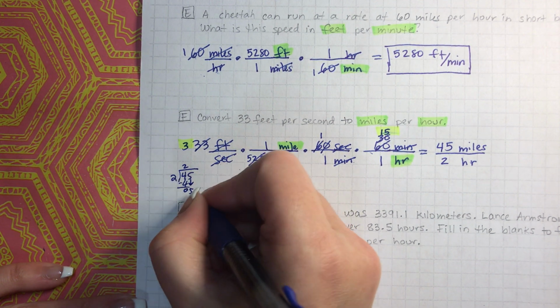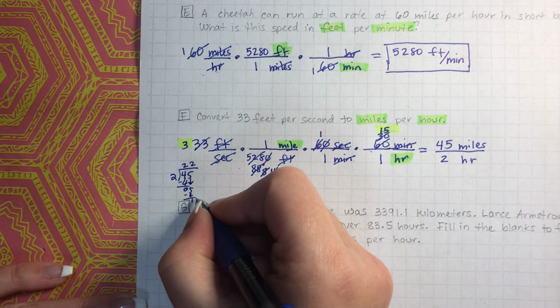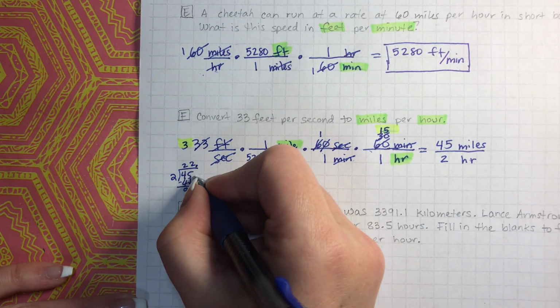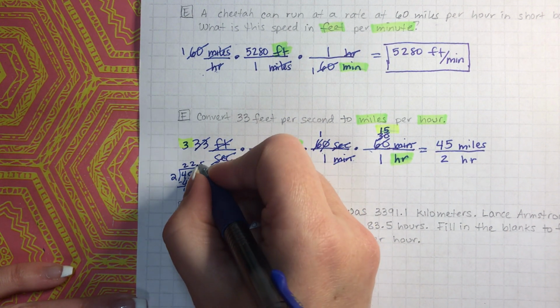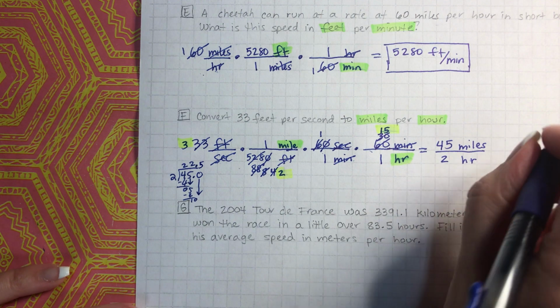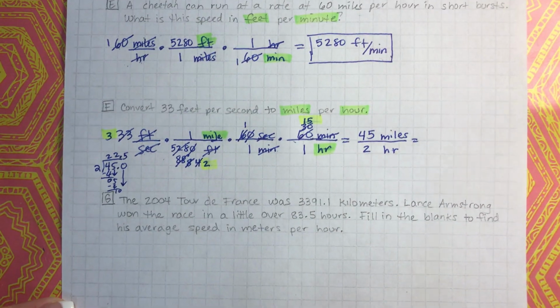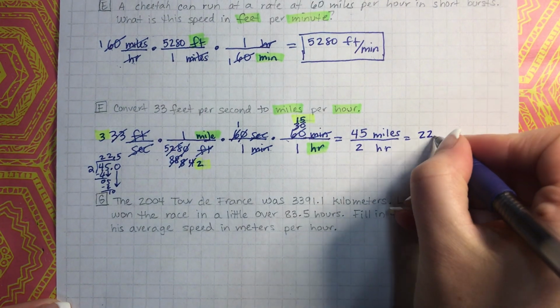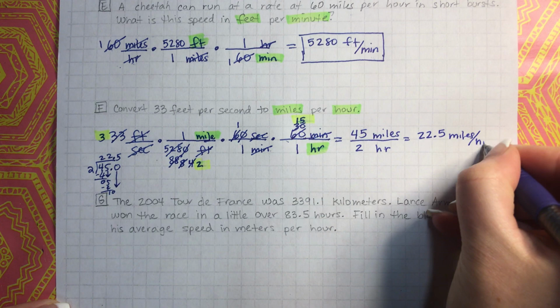Drop down that 5. 2 goes into 5 2 times. 2 times 2 is 4. There's 1, drop down a 0. There's a decimal there. You drop down the 0. And 2 goes into 10 5 times. So our answer is 22.5 miles per hour.